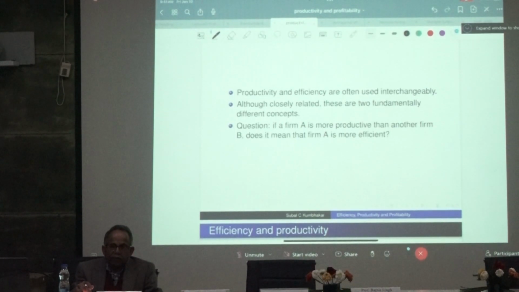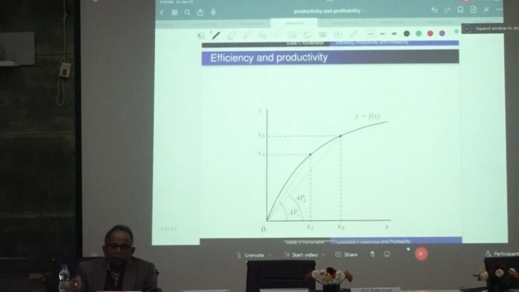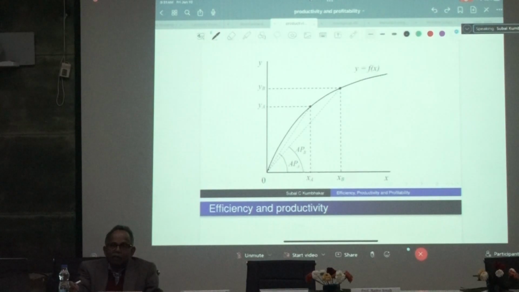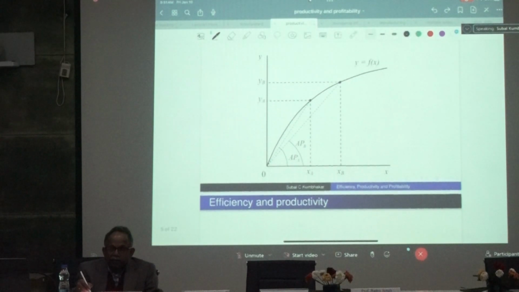This graph illustrates what we mean by productivity in terms of one input X. One input is not the reality; in reality there is more than one input. Just think of X as a measure of resources, and Y is output. Productivity is defined as average product, so Y over X is a measure of productivity.